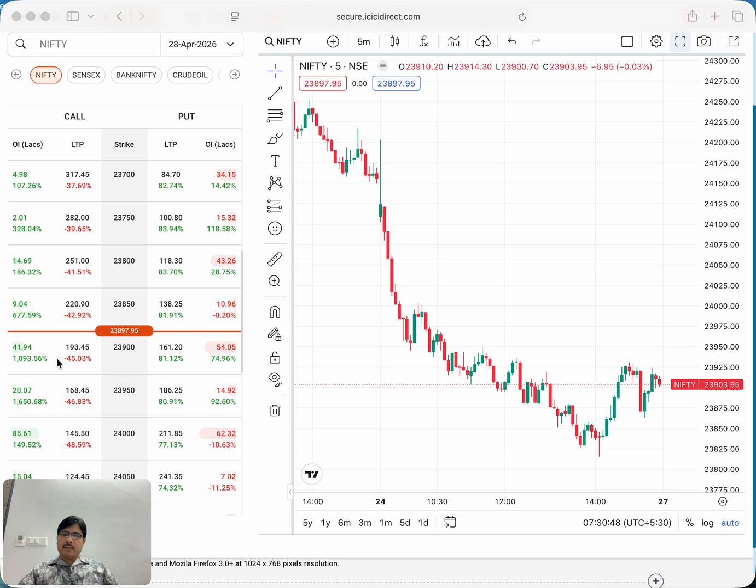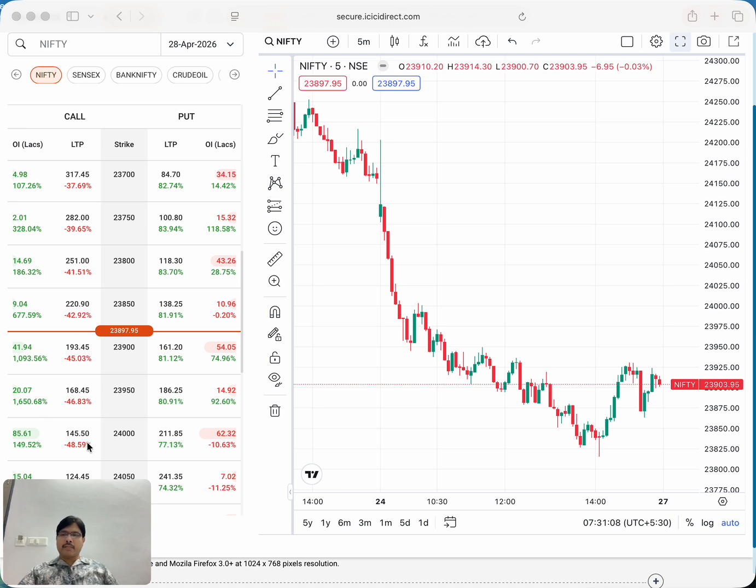So whenever you want to go for buying, don't go below these values, go above these values, which will give you an advantage. Below this if you go, the premium decay will be very fast, so even if the momentum is in your direction, you may not get that much profit.